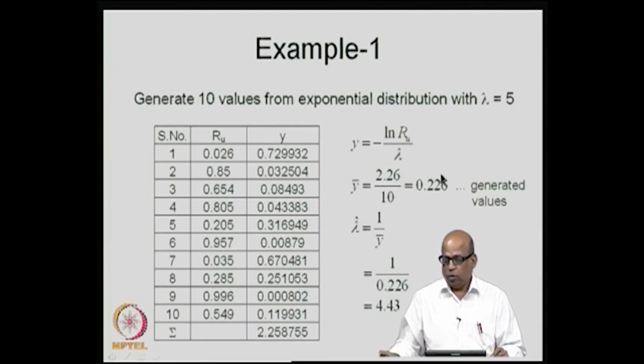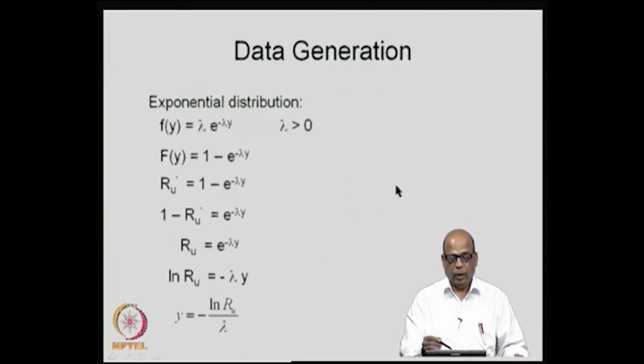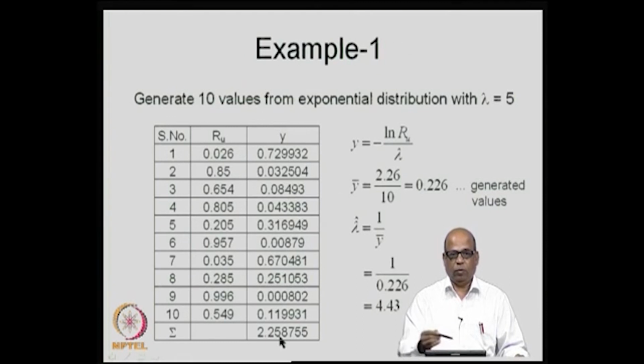And then you should also have ways of examining whether this follows an exponential distribution, because the basis by which we have constructed this data is in fact the exponential distribution.